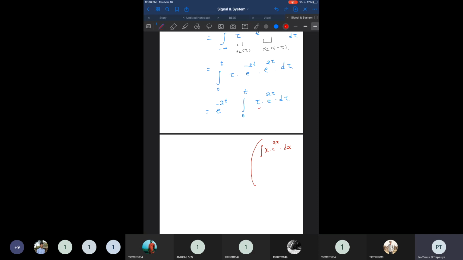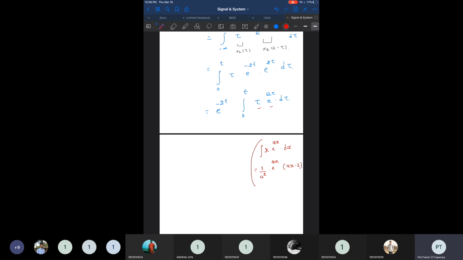Rather than x we have tau, and rather than e raised to x we have e raised to 2 tau. So the integration of x into e raised to ax dx is equivalent to 1 by a square, where a is the coefficient of x, into e raised to ax into ax minus 1, right?